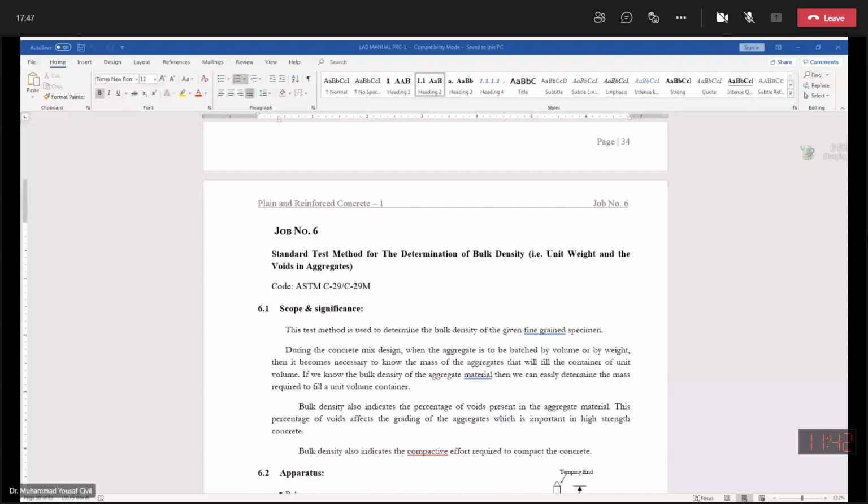In normal concrete, normally vibrated concrete, which is also known as conventional concrete, you need to have an idea about the weight of the different materials: simply the sand, crush, cement, and weight of the water.